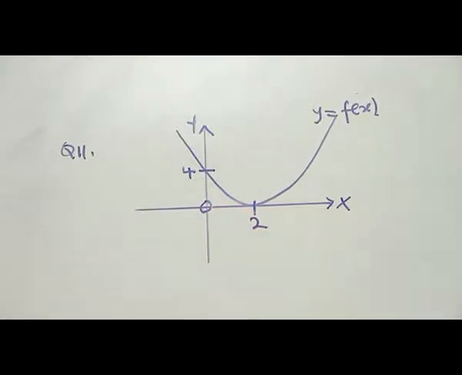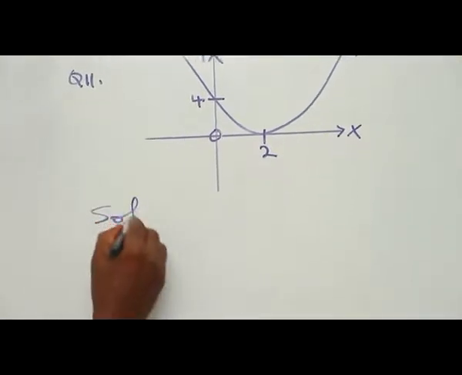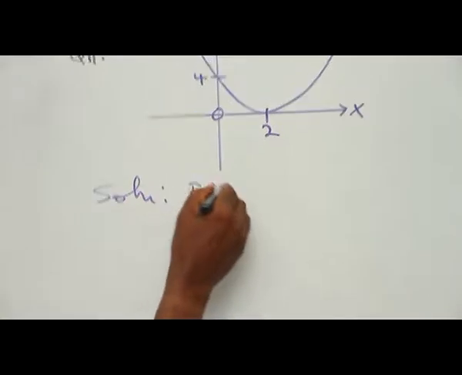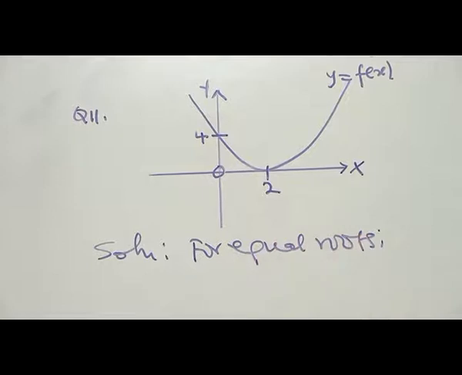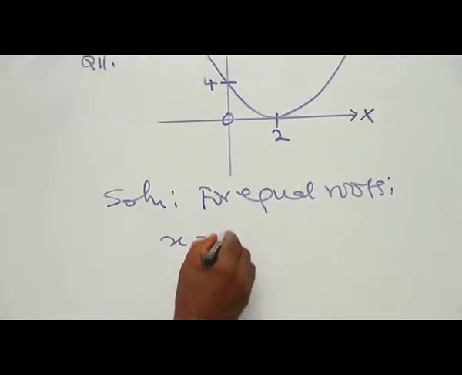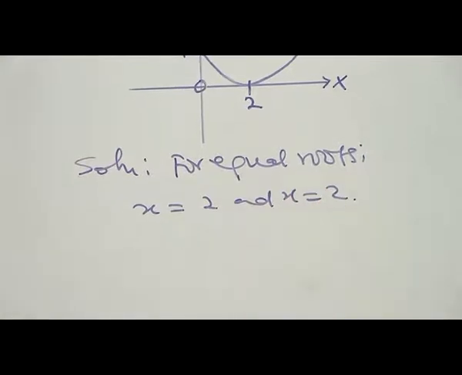Alright, and you are asked to write the equation of this line. As we said earlier, this is a case where you have equal roots. So our solution, say for equal roots, another equation for equal roots. Here s is equal to 2 and s is equal to 2. That is what we mean.